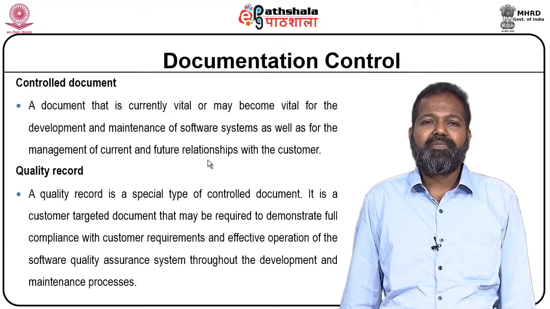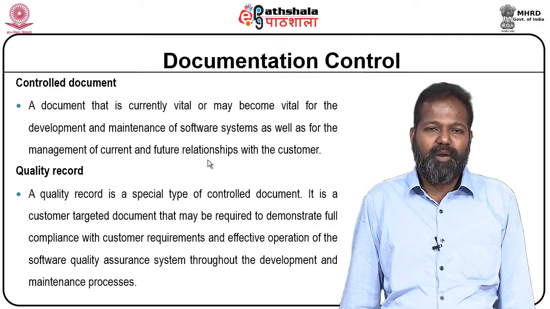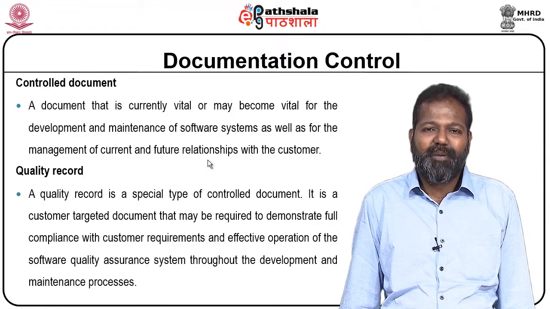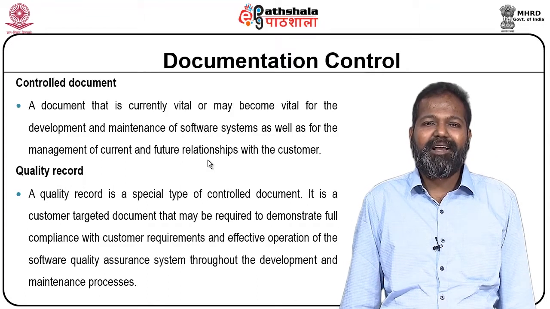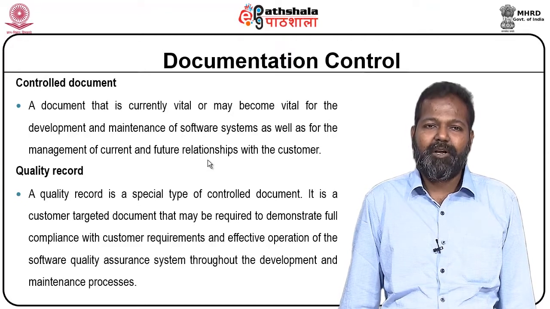Documentation control. Controlled document: a document that is currently vital or may become vital for the development and maintenance of software systems, as well as for the management of current and future relationships with the customer.